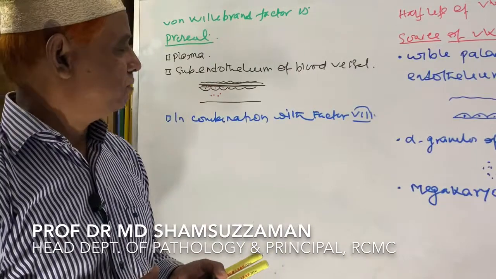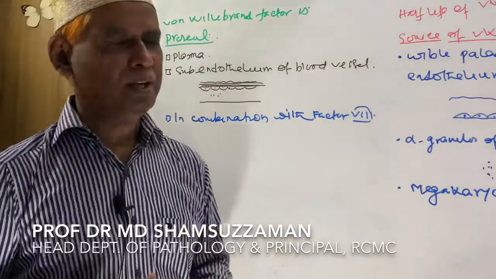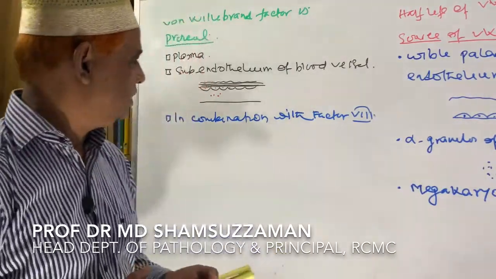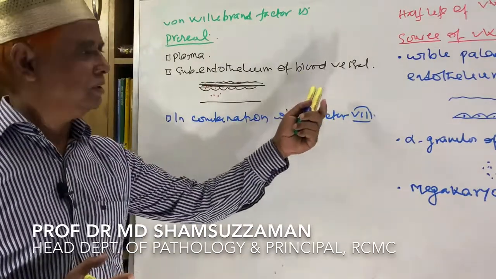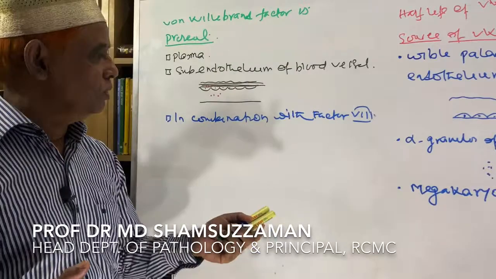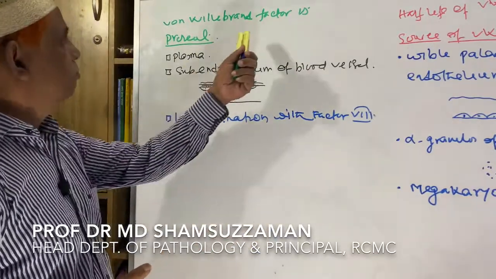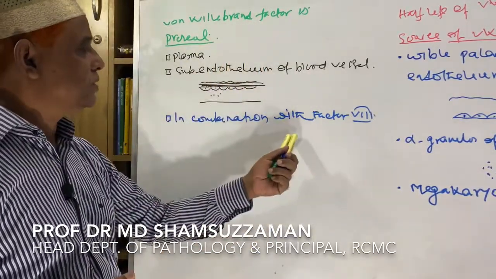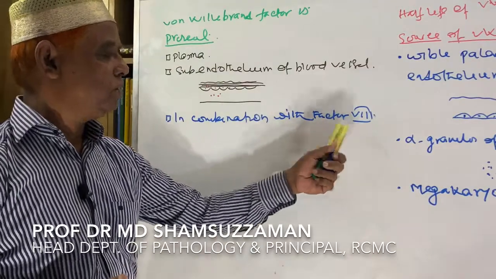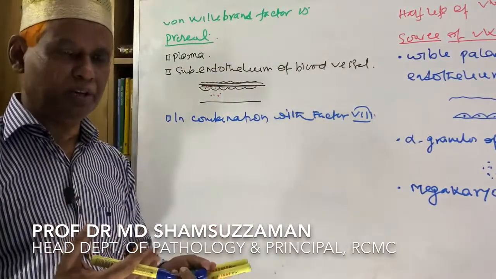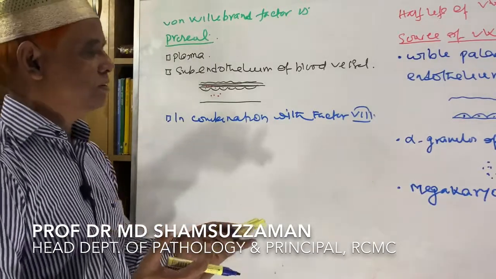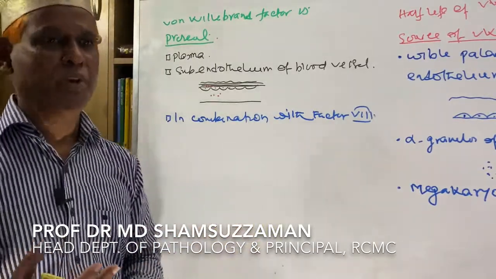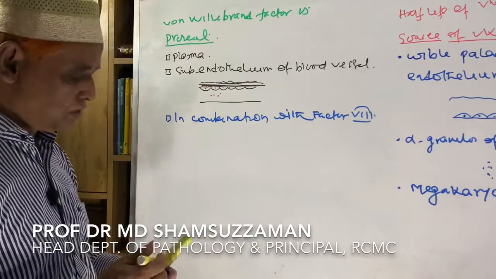The half-life of factor 8 in blood is about 2 to 3 hours. When it combines with von Willebrand factor, the half-life is increased. So von Willebrand factor stabilizes factor 8 when it combines with it.